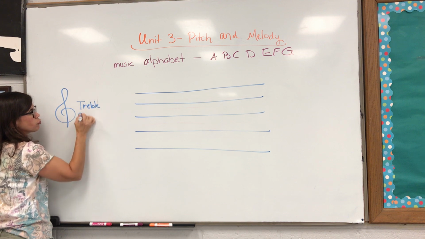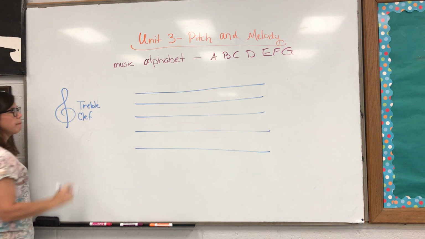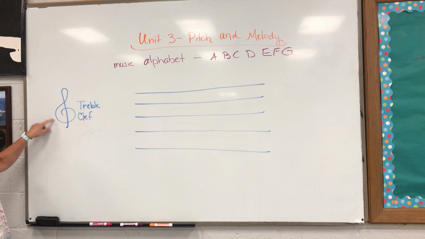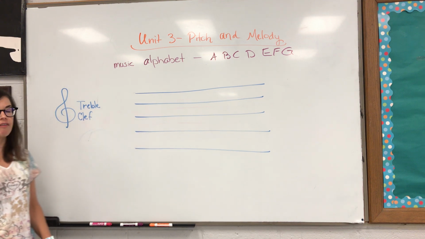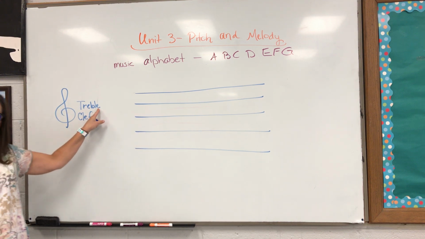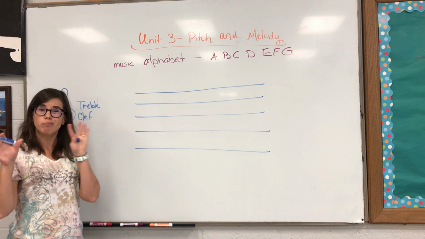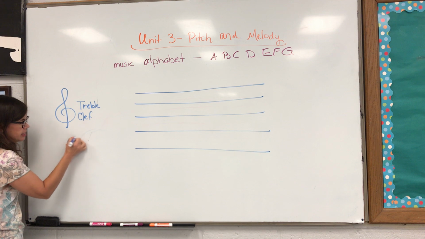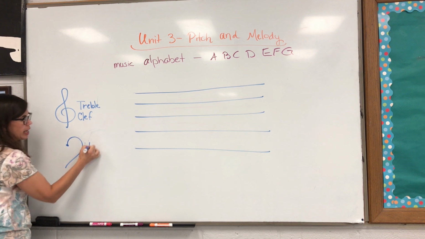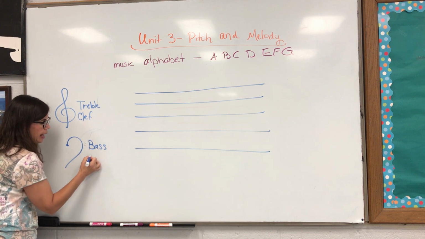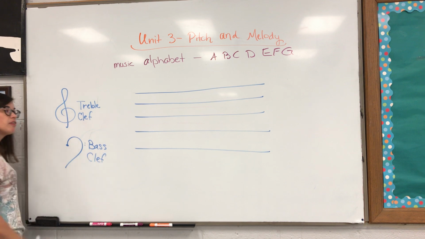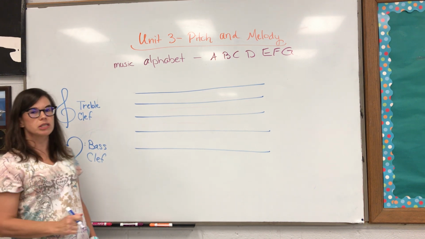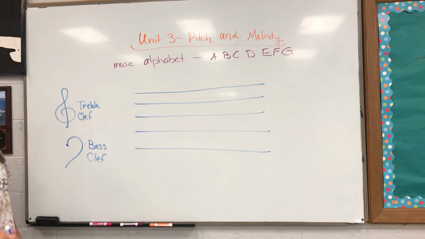And the word treble in music means high. So if you see this symbol at the beginning of a music staff, it means that the pitches on that staff are going to be relatively high. If you have this symbol, it is called a bass clef. And bass means low. So if you have the bass clef at the beginning of a music staff, that means the pitches on that staff are going to sound pretty low.